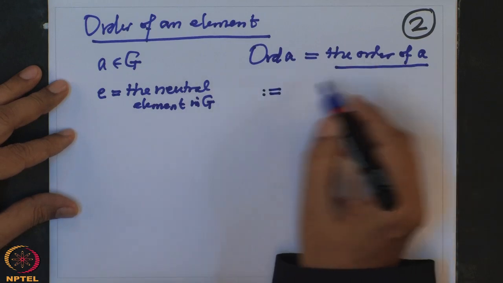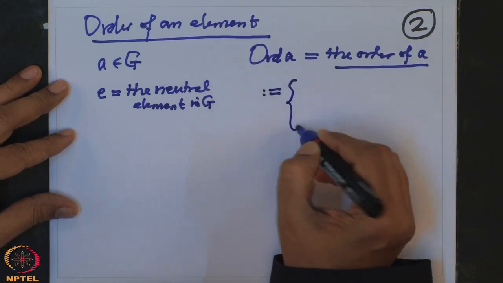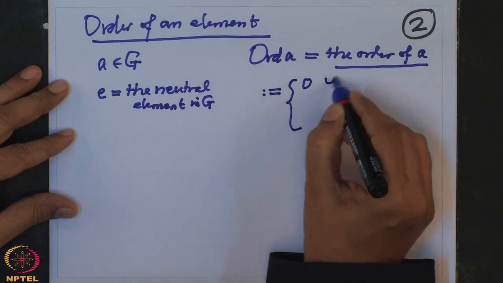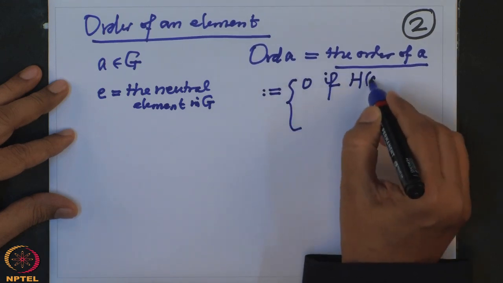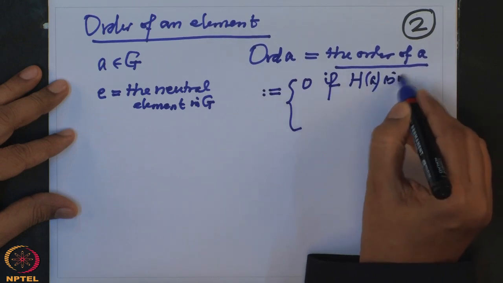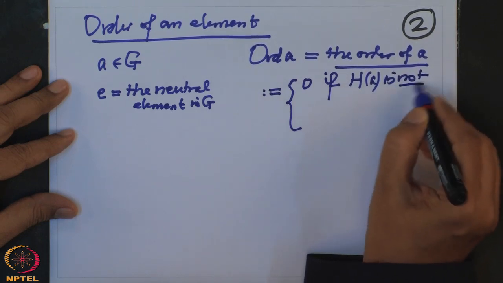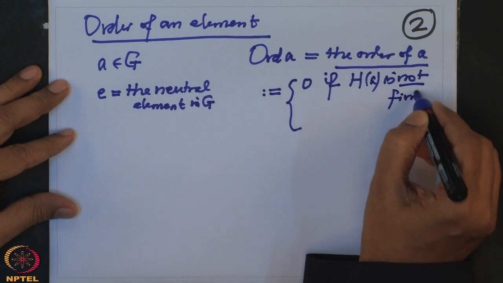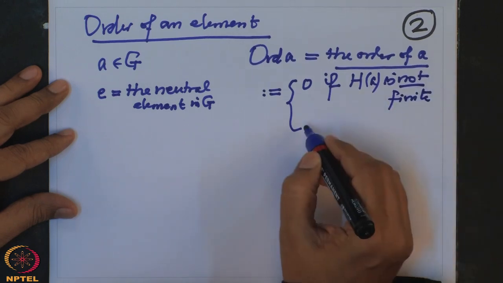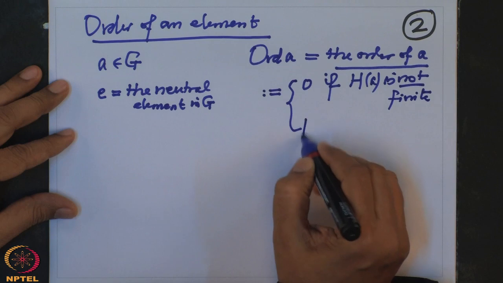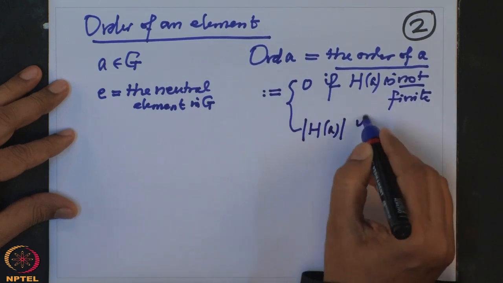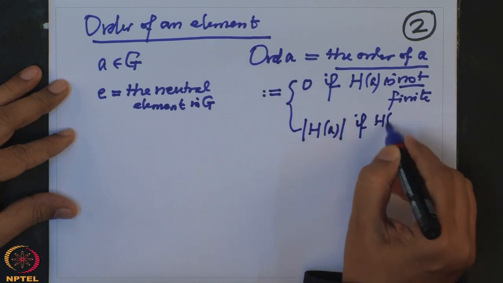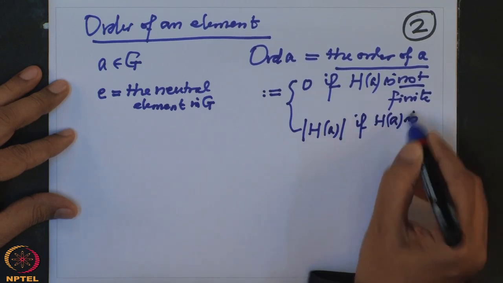So, the order of an element is by definition 0 if H(A) is not finite, and the cardinality of H(A) if H(A) is finite.